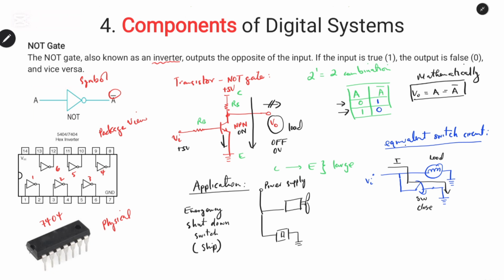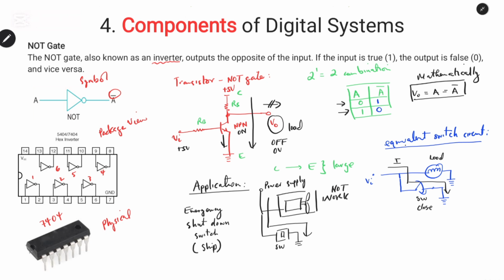If there is an emergency where they need to automatically switch off the engine, they will just have to press this switch to allow the motor or the engine of the ship to shut down in case of an emergency. By pressing this switch, all the power will be grounded and this will not work.